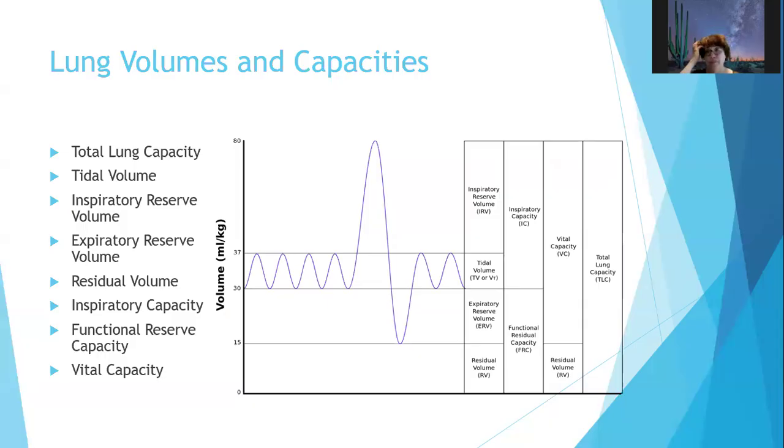If you take a really big breath in, the volume of air above the normal tidal volume is the inspiratory reserve volume. The tidal volume is the small amount that we're breathing in and out with our normal relaxed inspiration and expiration. The tidal volume plus the inspiratory reserve volume add up to the inspiratory capacity.